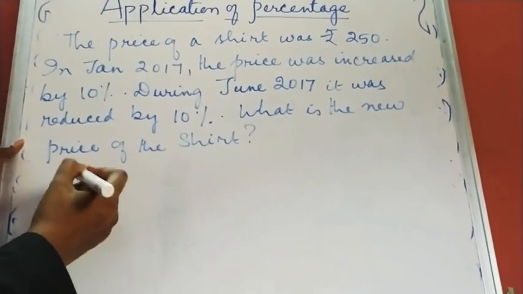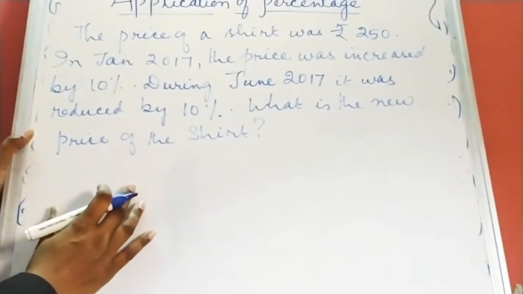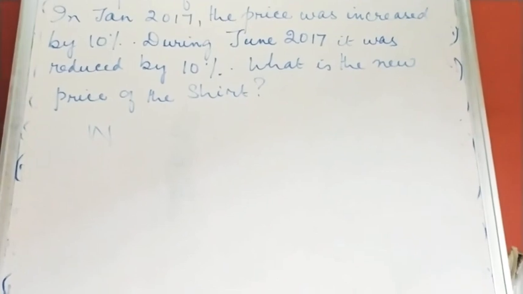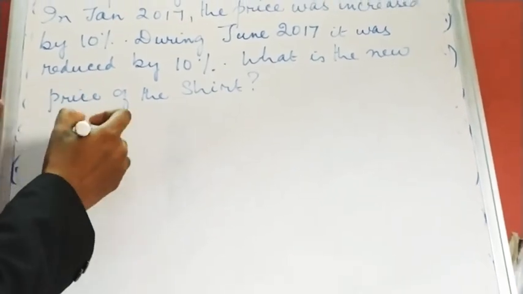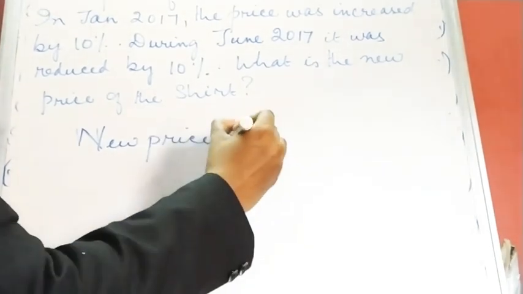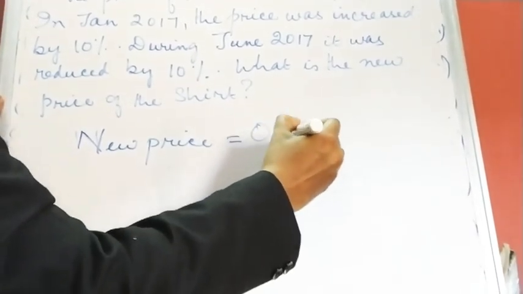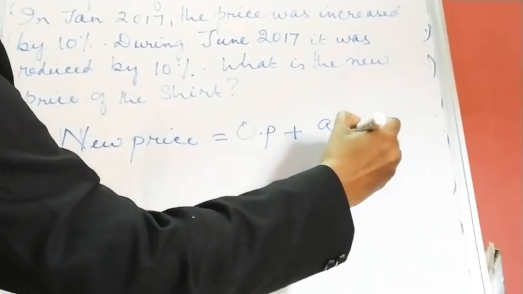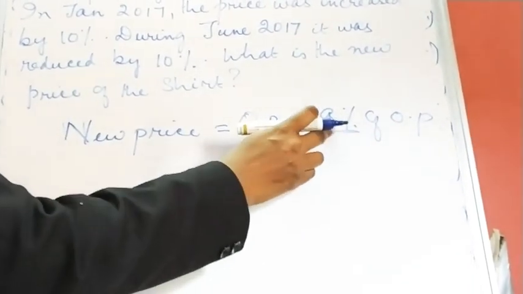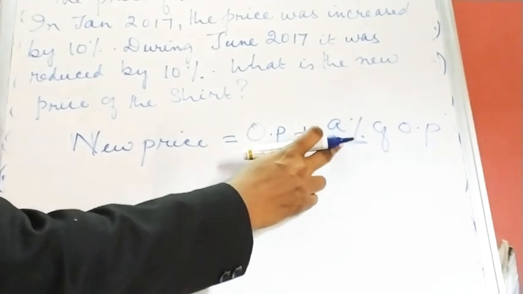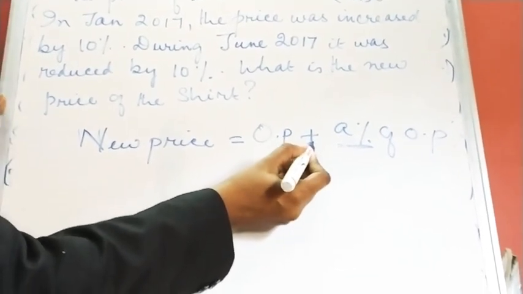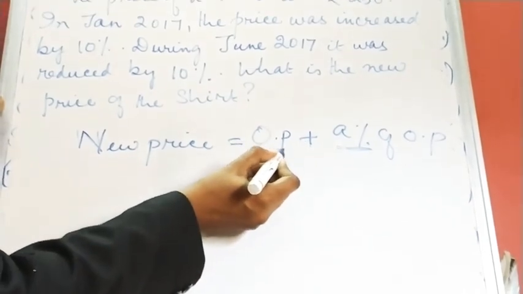If we need to know the actual price of the shirt, we can use the formula which says new price is equal to original price plus a% of original price. Here a% is the percentage increase. If there is an increase of percentage, we are using the plus sign.